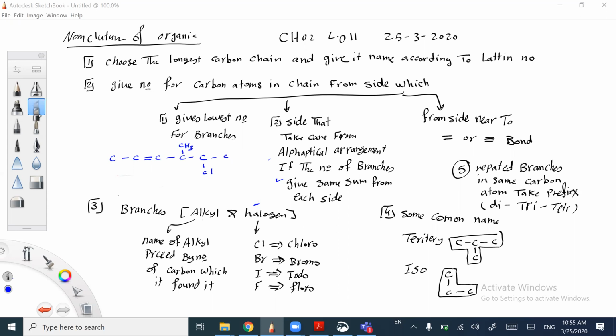So according to the double bond, 1, 2, 3, 4, 5, 6.